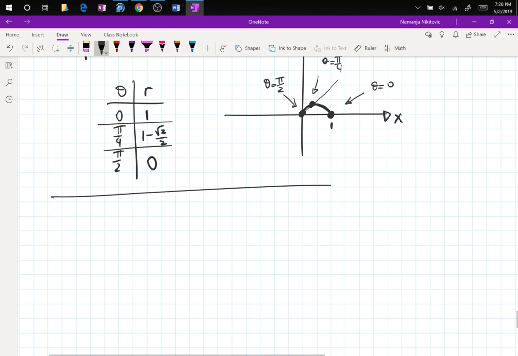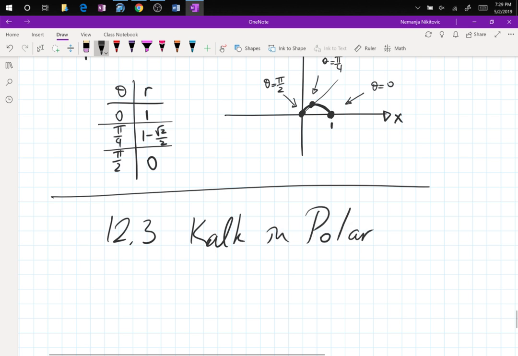So, guys, 10.3, 12.3 used to be 10. Yeah. Calc in polar coordinates. We got this.